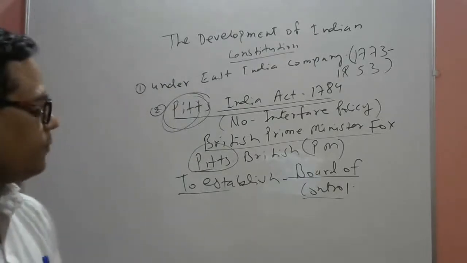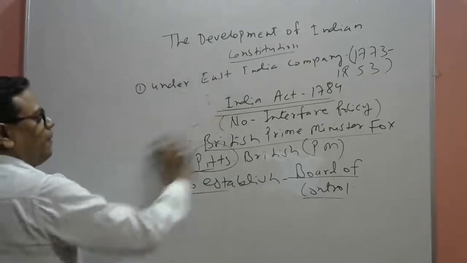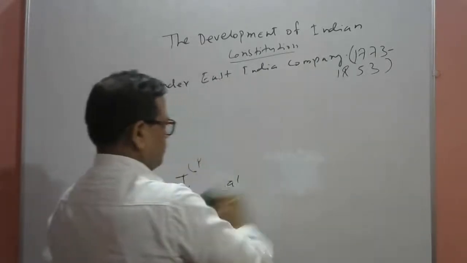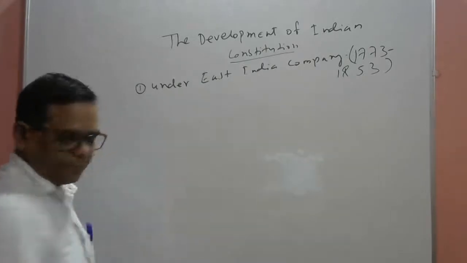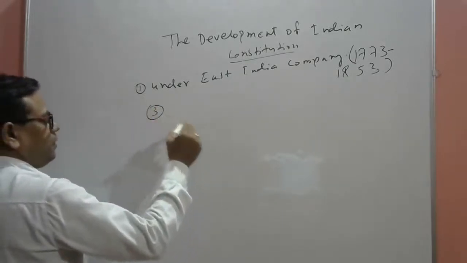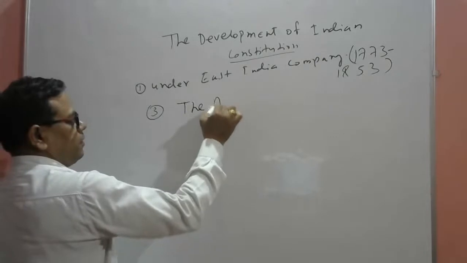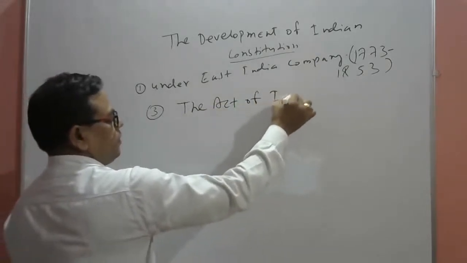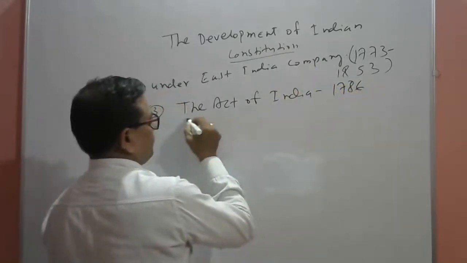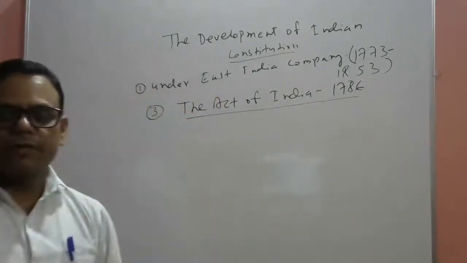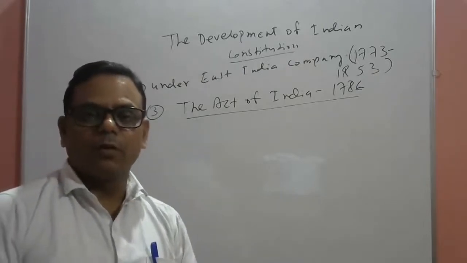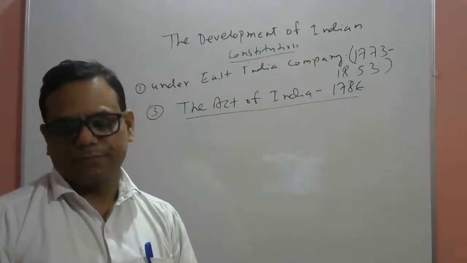And third is the Act of India 1786. This was the third important act which played an important role in development of Indian Constitution.